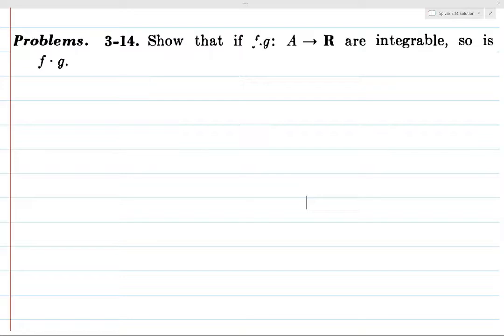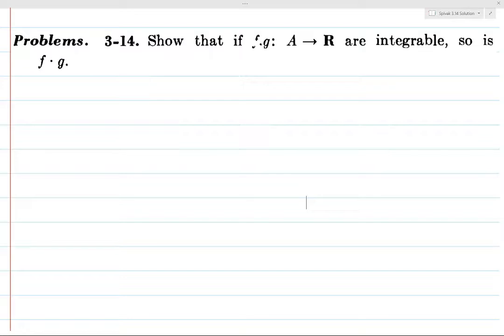Then the f squared and g squared terms cancel, and you get 2fg minus negative 2fg, so you get 4fg.